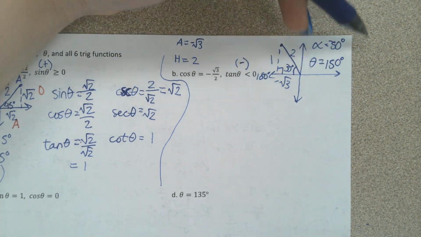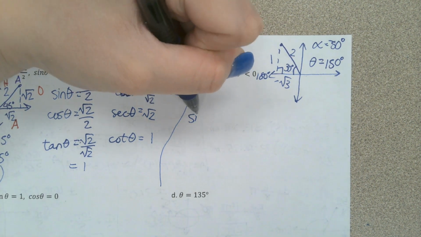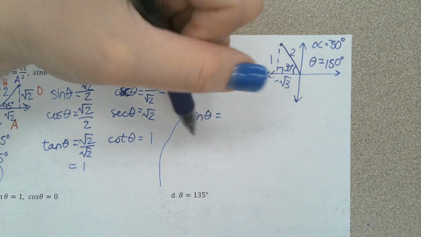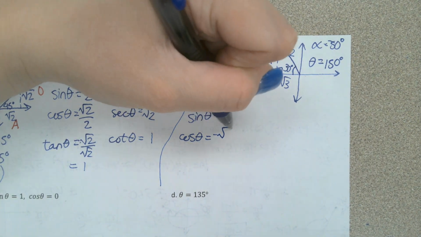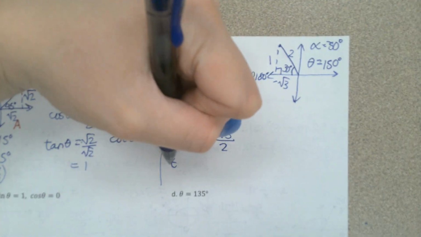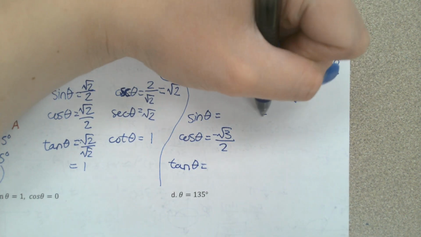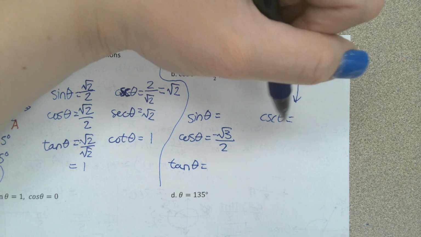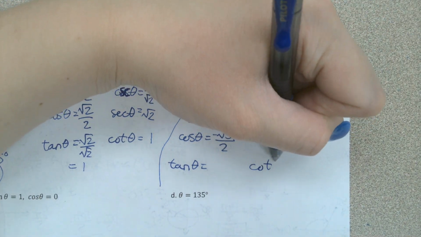So now that we figured out those two, we can easily get our trig functions. So we have sine of theta. Cosine of theta was already given, negative rad 3 over 2. Tangent of theta. And then their opposites, cosecant, secant, cotangent.